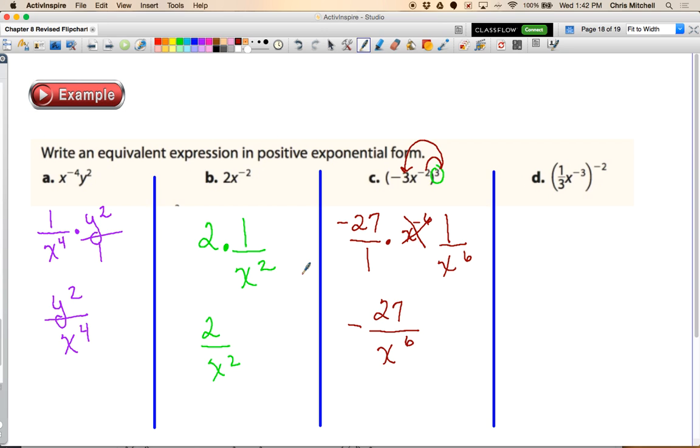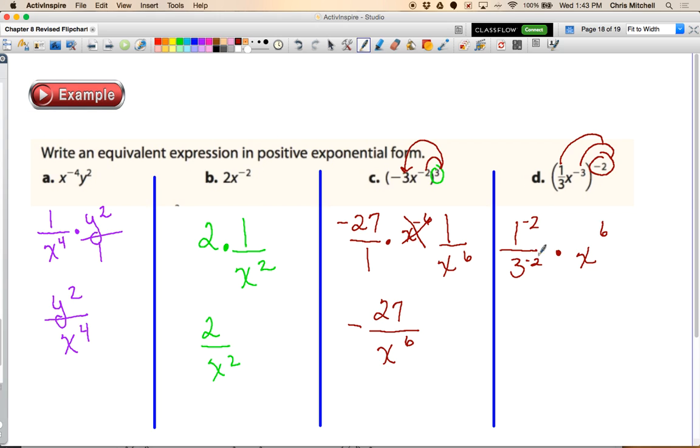And finally, we have a negative 2 sitting on the outside, which means I have to raise everything on the inside to the negative 2. So this fraction will be written like this. We're going to raise the denominator and numerator to the negative 2, times x to the positive 6, because a negative times a negative is a positive.